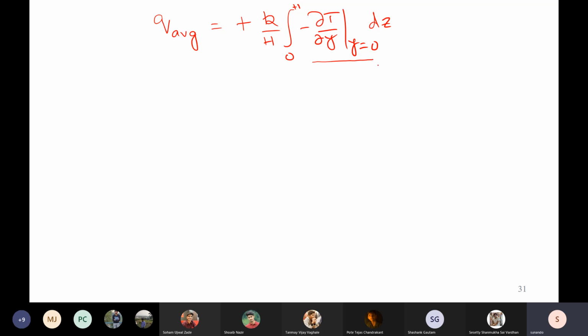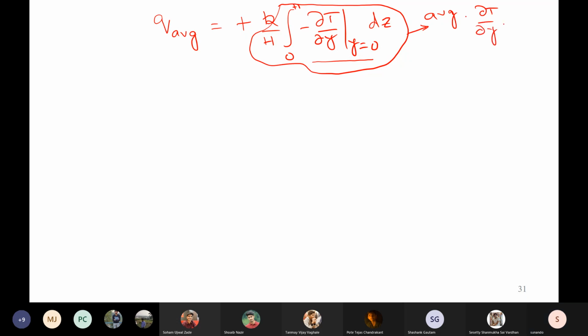When I integrate it from 0 to h with 1 by h outside, I am simply finding that this entire part is nothing but the average del T del Y. So if I multiply this average del T del Y with K, then I would obtain the heat flux for heat transfer from this.